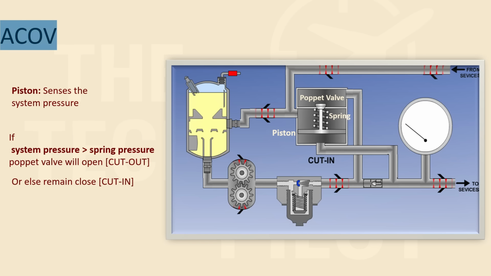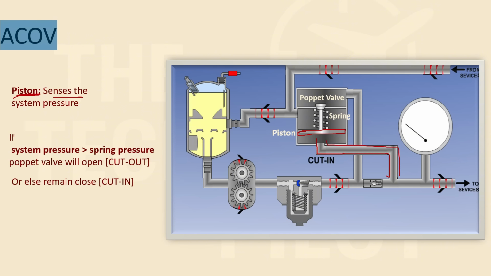Alright, so how does an ACOV work? ACOV has a piston. This is the piston that you're seeing here, right? And it senses the system pressure. How? This pipeline that you're seeing here will be having what? System pressure.